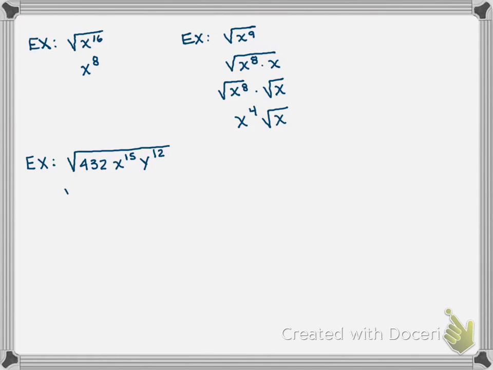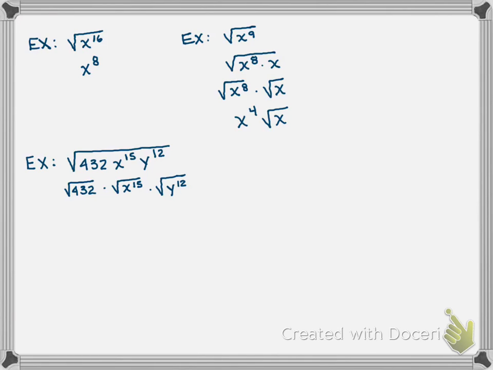And if we write this as the square root of 432 times the square root of x to the 15th times the square root of y to the 12th, well, then we kind of just have 3 little problems that are exactly the same as the ones we just did, right? So we're going to break each of those up individually, and then we'll put it all back together at the end.